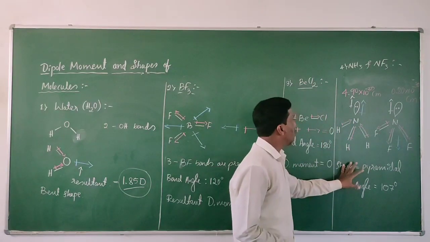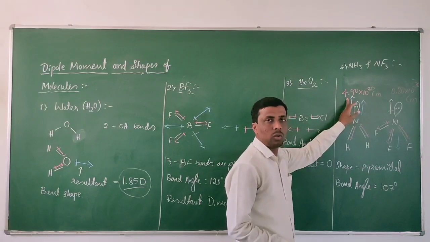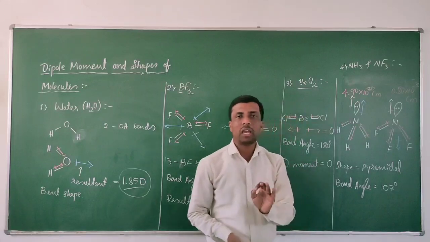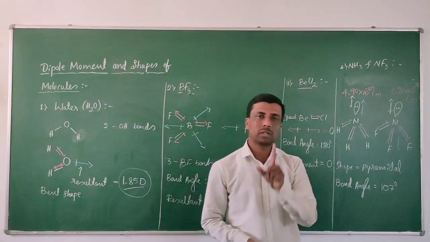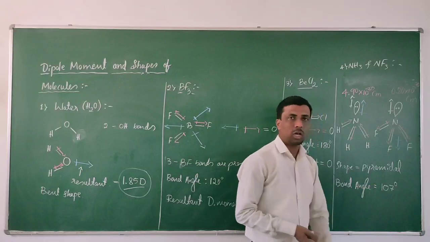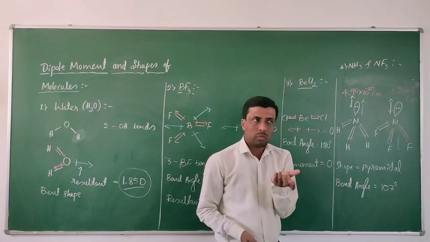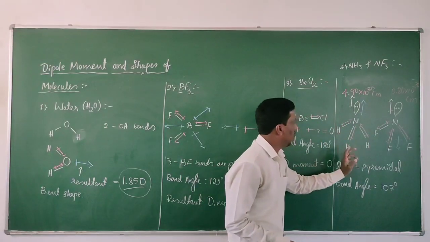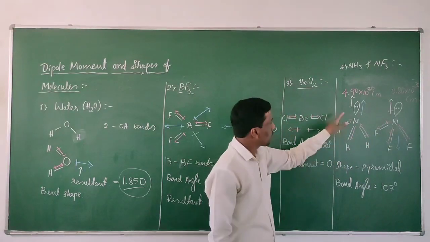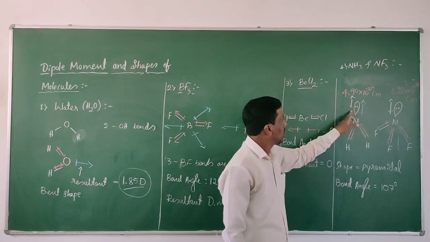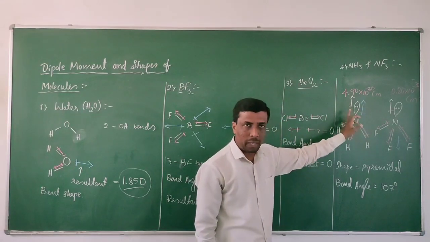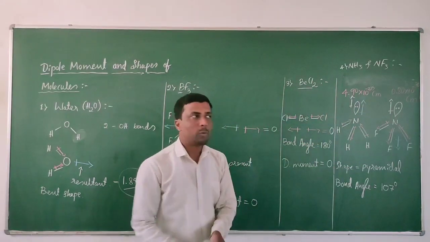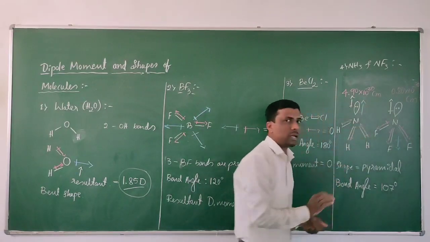The dipole moment of ammonia molecule is more than that of NF3 molecule, even though both are having the same shape, same bond angle. In ammonia molecule, 3 NH bonds are there and 1 lone pair is there. The direction of dipole moment of the lone pair and the direction of dipole moment of these three bonds are in same direction.